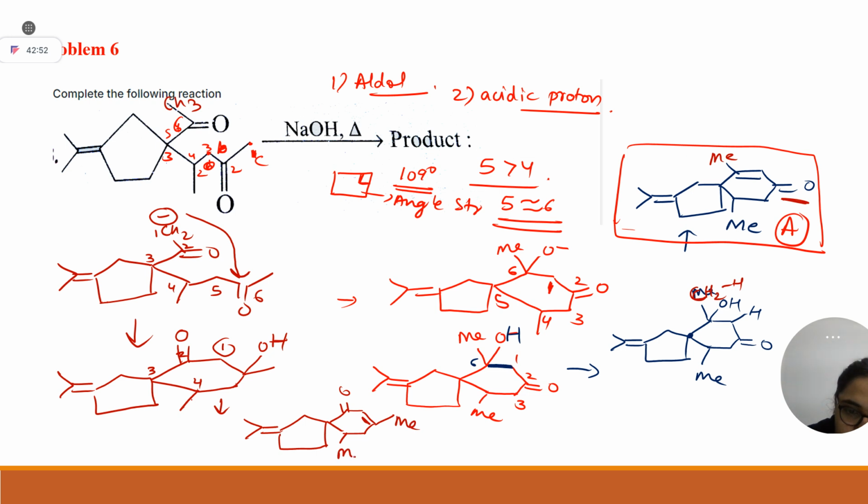Now tell me, students, this is B product, this is A product. Which is more stable? Can you tell me, are these products A and B the same? No, ma'am, not the same. A will be more stable.